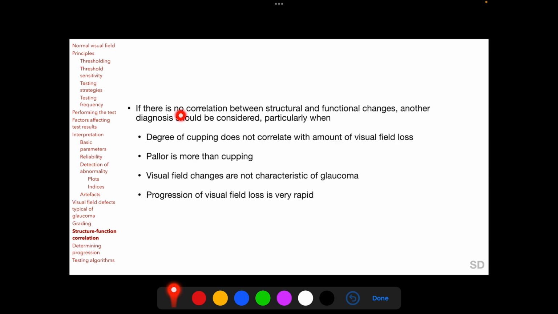If there is no correlation between structural and functional changes, another diagnosis should be considered, particularly if degree of cupping does not correlate with the amount of visual field loss, or if pallor is more than cupping, or if visual field changes are not characteristic of glaucoma, or if progression of visual field loss is very rapid.